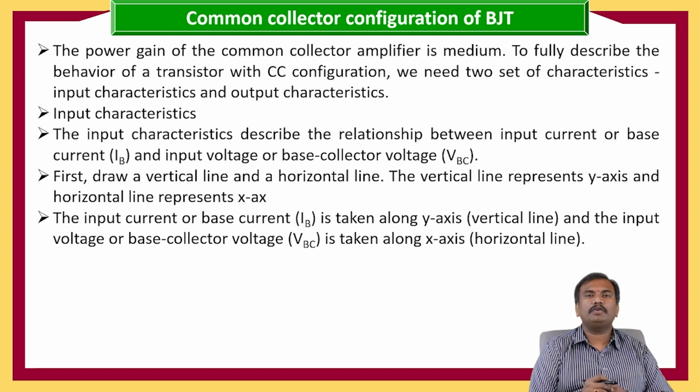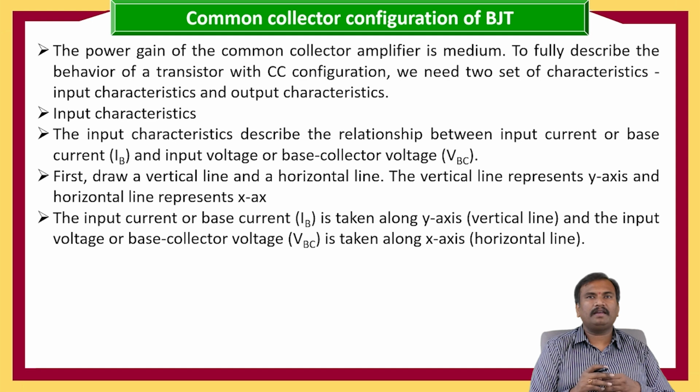Here our input voltage is VBC, the base to collector junction voltage. When we vary the VBC value, we need to see how IB varies.